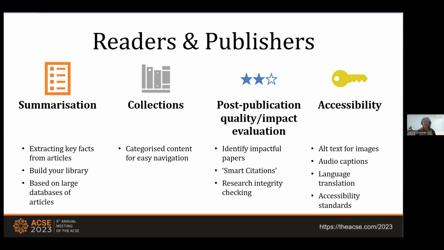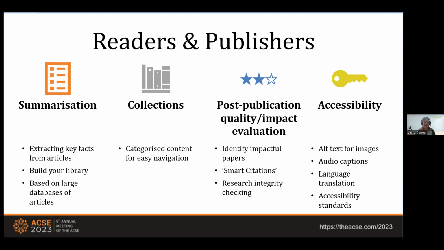So we're very familiar with looking at an article's citations as a way to judge its impact, which has been discussed a lot as being quite a flawed way to look at a paper's impact, but quite pervasive. Smart citations not only look at how many times a paper's been cited, but how it's been cited. So whether a citation is supporting the information in a paper, whether it's just mentioning it, or whether it's in fact contradicting it. So it gives a lot more nuance, I think, to what those citations actually mean.